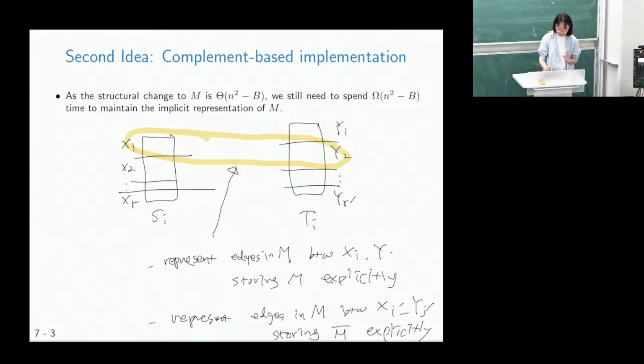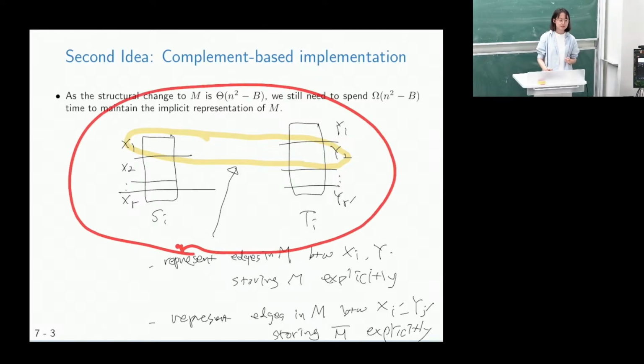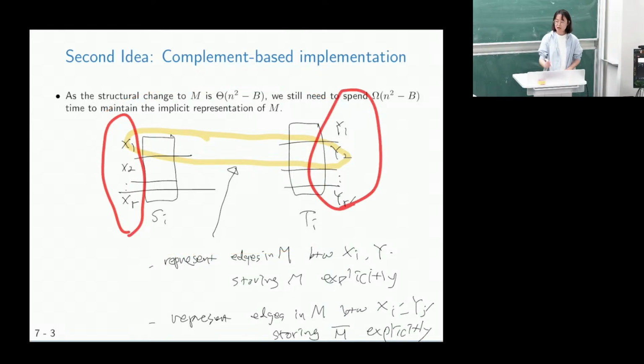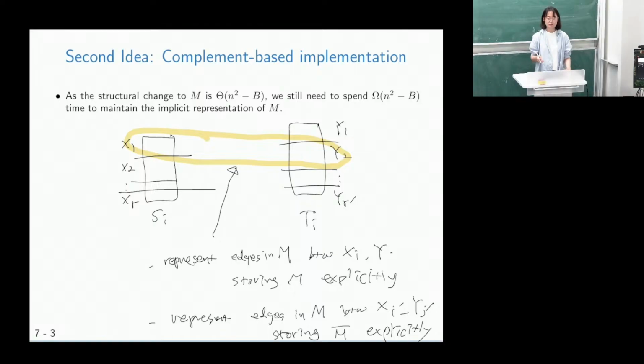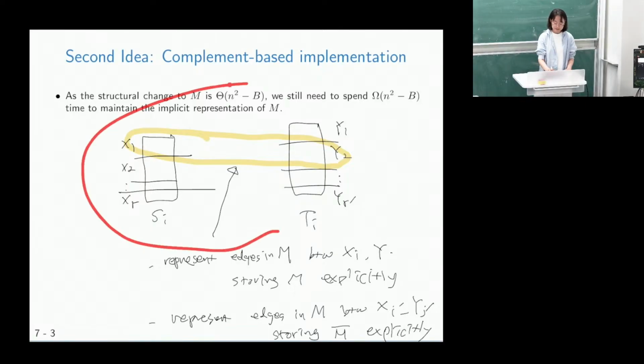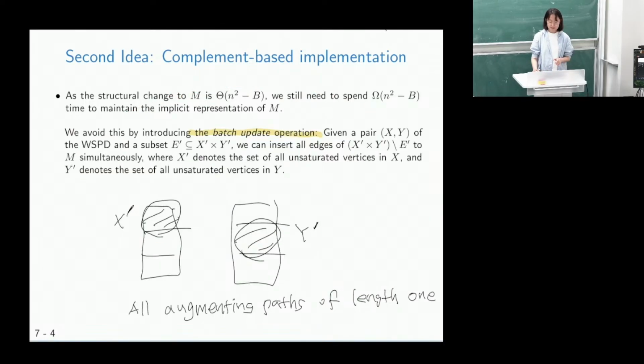As I mentioned earlier, we want to use this approach, but it is not clear how to define those subsets. And also, even if we can represent our matching in this way, it does not guarantee that the complexity of the representation is order of B. For this purpose, we use batch update.